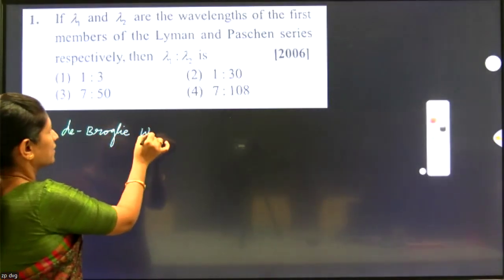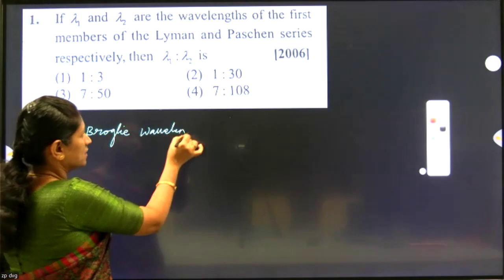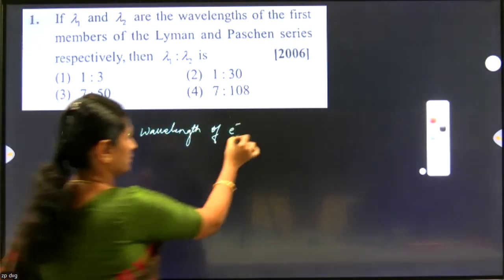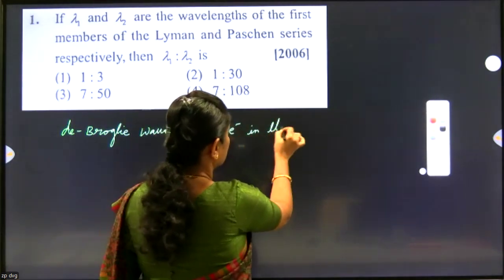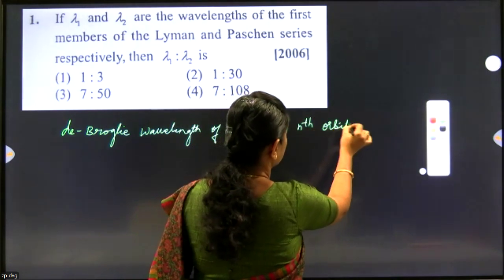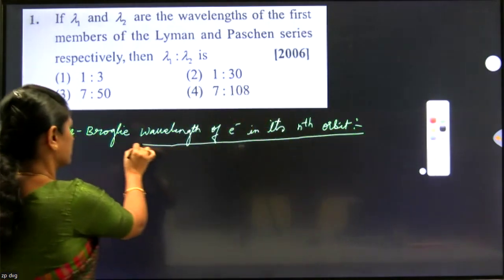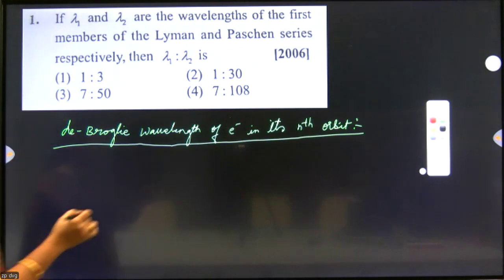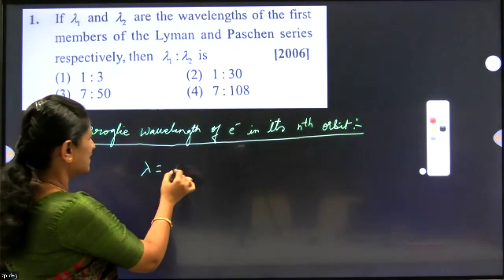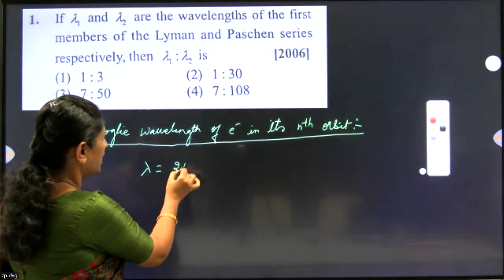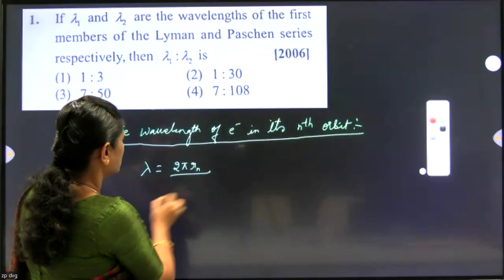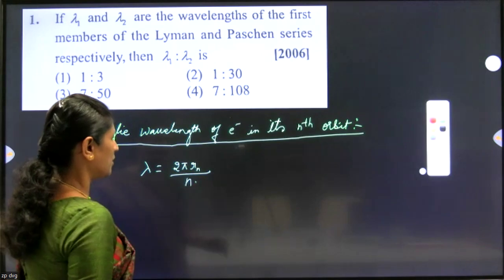It is given by lambda equal to the circumference of the orbit in which the electron is revolving divided by the principal quantum number.